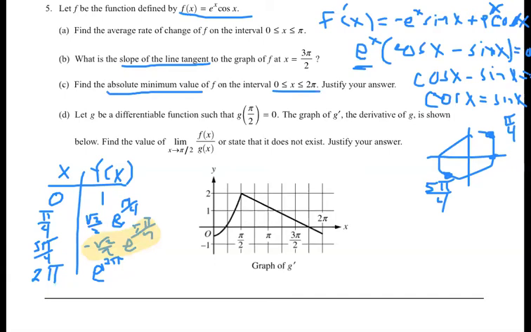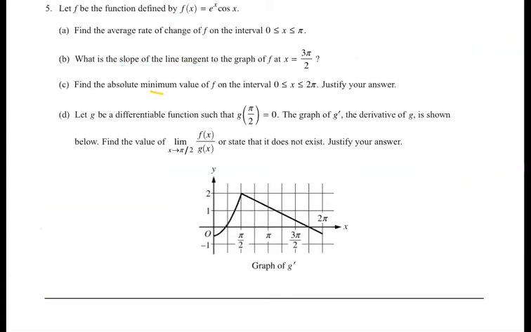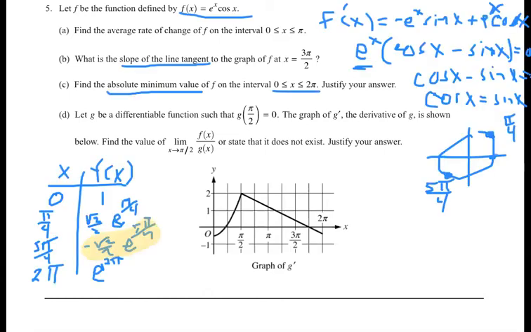So we would say the absolute min is equal to that negative radical 2 over 2 cosine of 5 pi over 4 at x equals 5 pi over 4. And again, the reason is my t-chart.